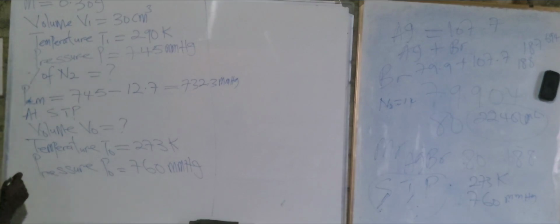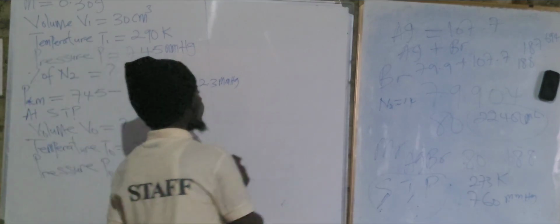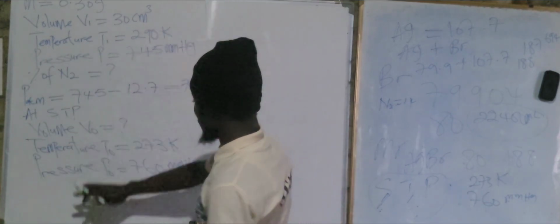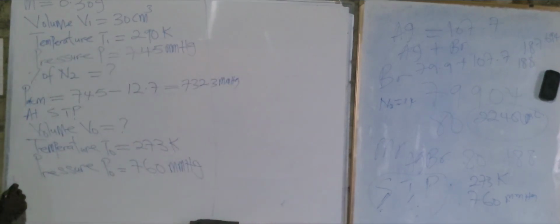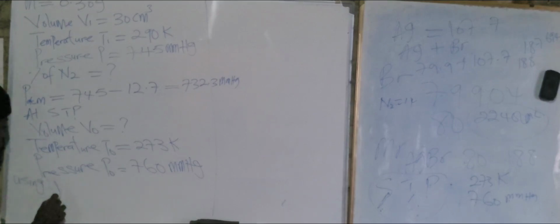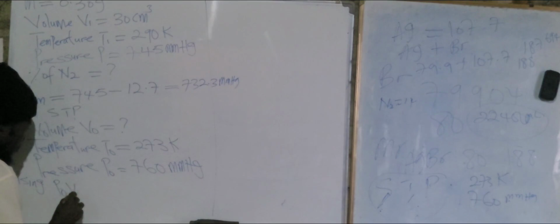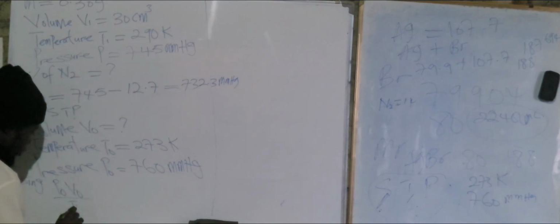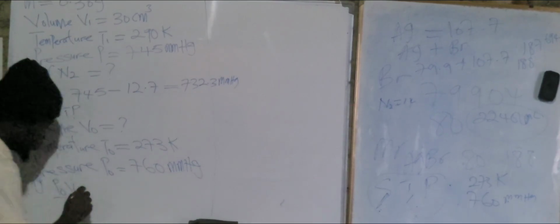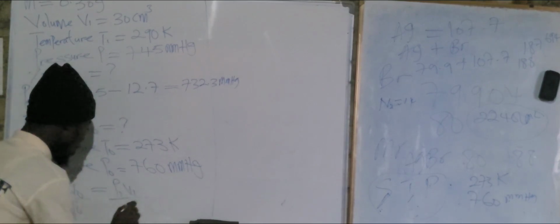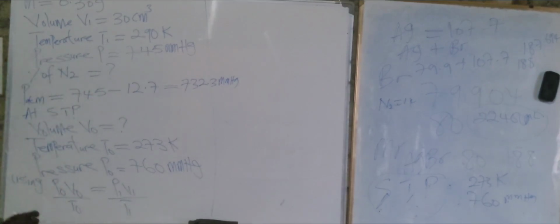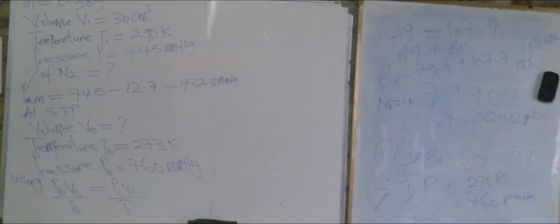Using the general gas equation, we have P0 V0 all upon T0 equal to P1 V1 all upon T1.